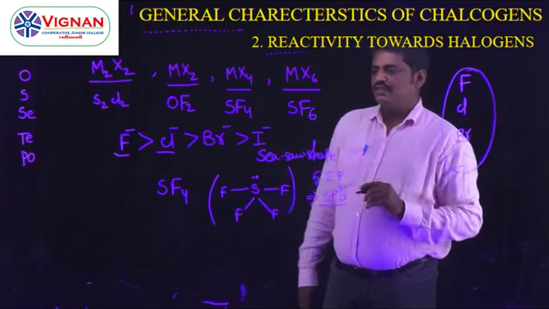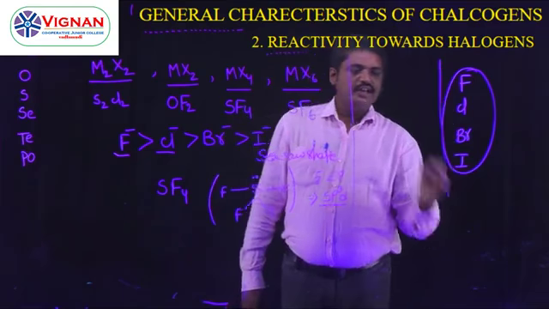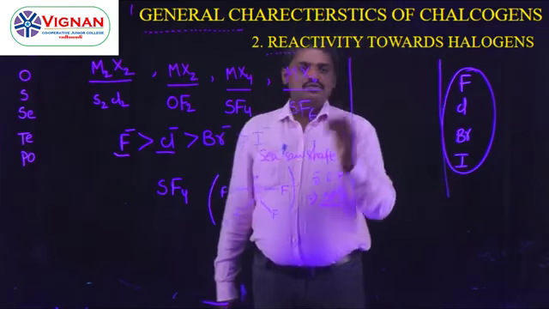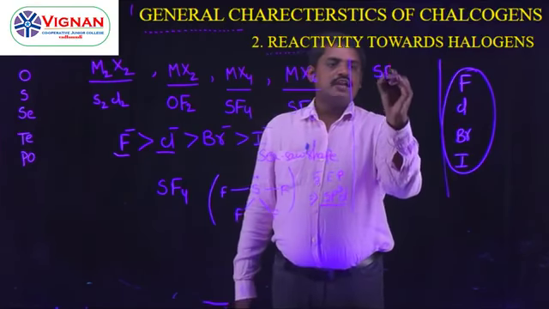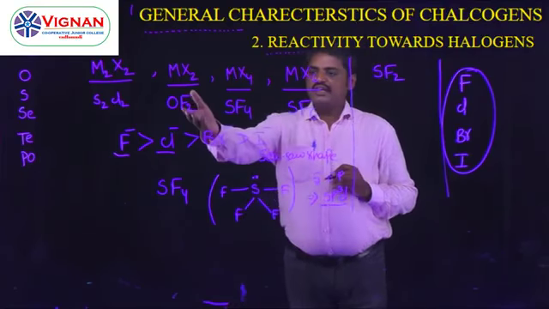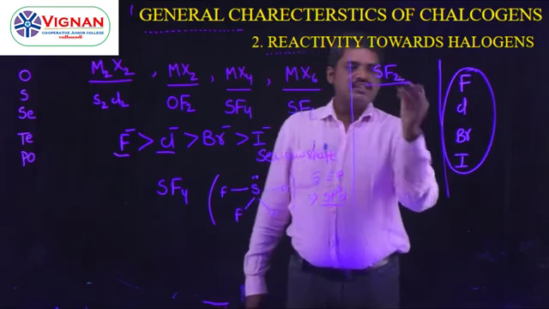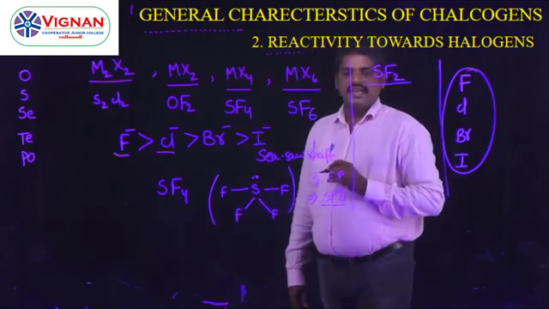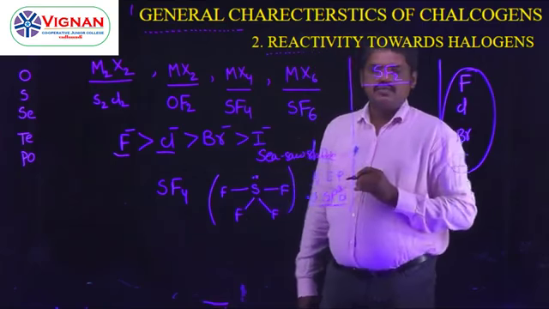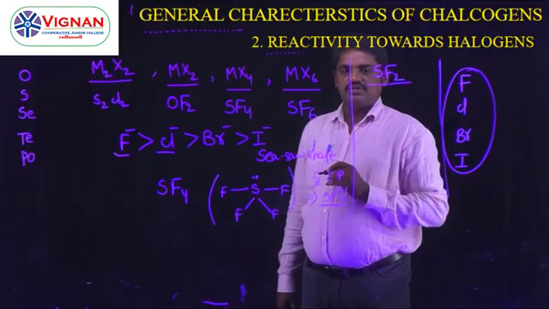And next one, similarly SF2, MX2 type of halide. Another example is OF2. So I am going to discuss the structure of the SF2 molecule. This molecule belongs to MX2 type of molecule.